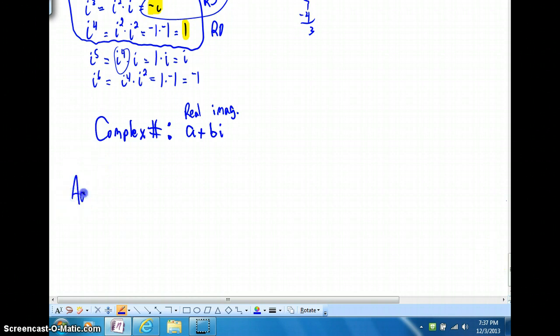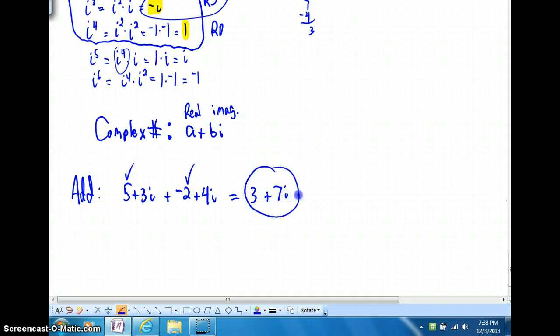We can add complex numbers. We could have, say, 5 plus 3i plus -2 plus 4i. And very quickly we could see that really we will add the real components, we'll add the imaginary components, and we'll be good to go.